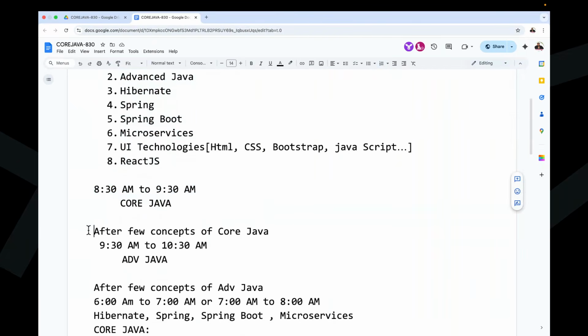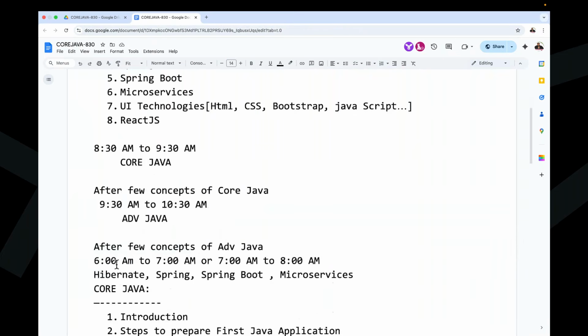After a few concepts of core Java, I'll start advanced Java at 9:30 to 10:30 a.m. Then after a few concepts of advanced Java, I'm able to start the Spring framework, Spring Boot, microservices, or Hibernate, any of the three, at any slot, 6 to 7 a.m. or 7 to 8 a.m.